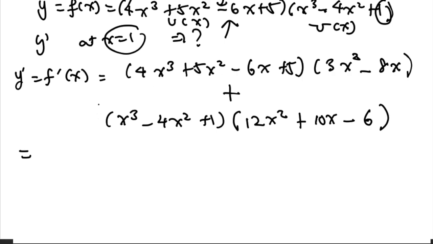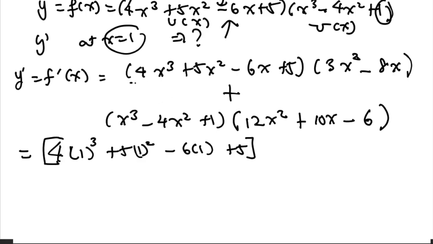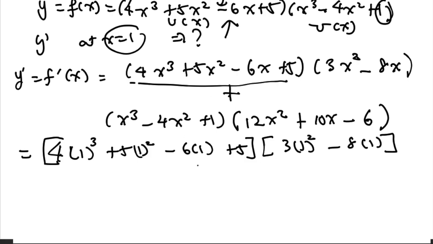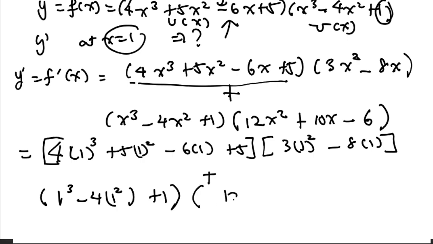When you substitute, you may have 4 times 1 cubed plus 5 times 1 squared minus 6 times 1 plus 5, close the bracket, like the way I did before, and then 3 times 1 squared minus 8 times 1, close the bracket, and then plus 1 cubed minus 4 times 1 squared plus 1, close the bracket, multiply by 12 times 1 squared plus 10 times 1 minus 6, isn't it?